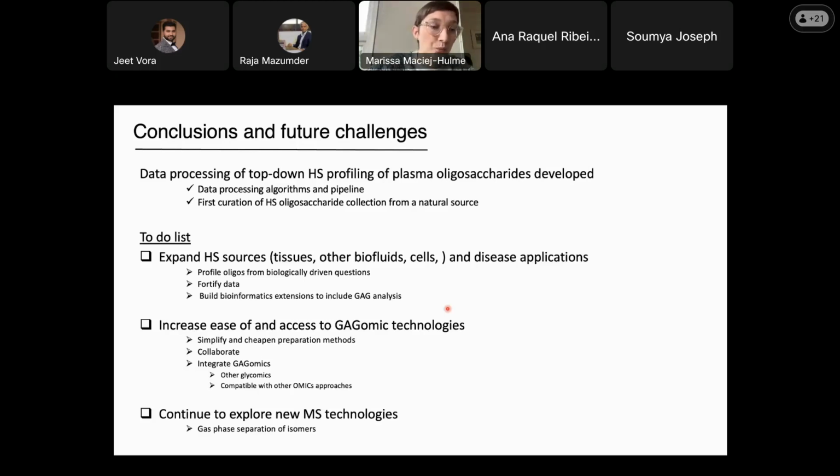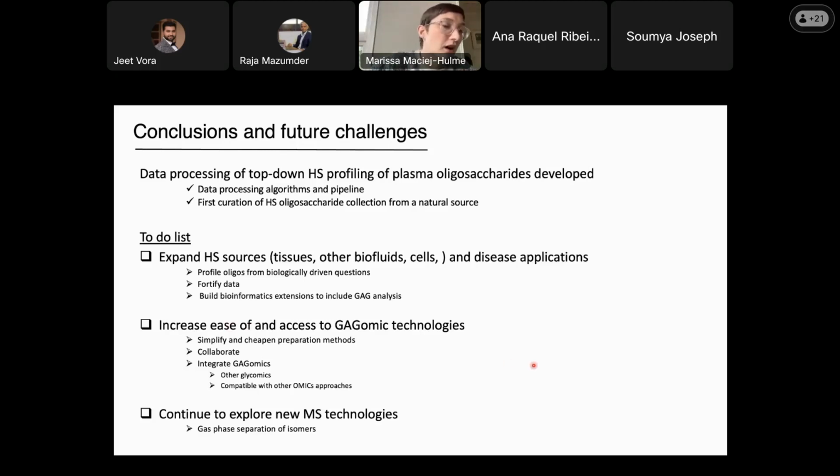And we also need to continue building the extensions to include GAG analysis into bioinformatics, because GAGs themselves have their own unique challenges and unique information that we can gain from them, and how we put that into bioinformatics will really make a difference to how the scores, or how people have described it in the past, how you can stratify or make a glyco score, for example.